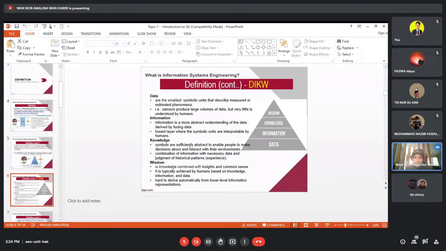Then knowledge: these symbols are sufficiently abstract to enable people to make decisions about and interact in their environments. Now, we make decisions. The keyword here is making decisions. We make decisions every now and then. So in order for us to make decisions, we need to have knowledge. For instance, the decision of what to eat, what to have during lunch.